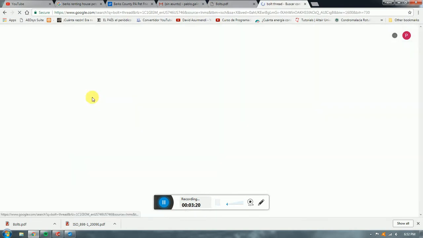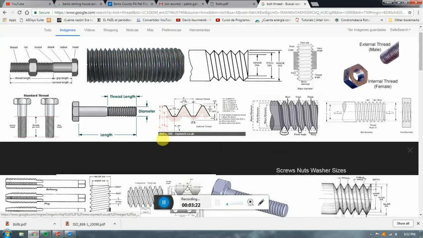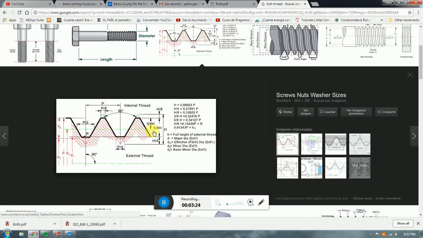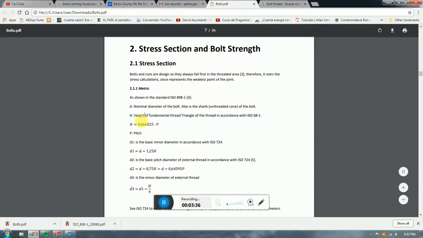Let's use a section of the thread. Here we get the H, which is this, as you can see here, between the narrowest part and the widest part. That is going to be the H, in accordance with ISO 68-1.